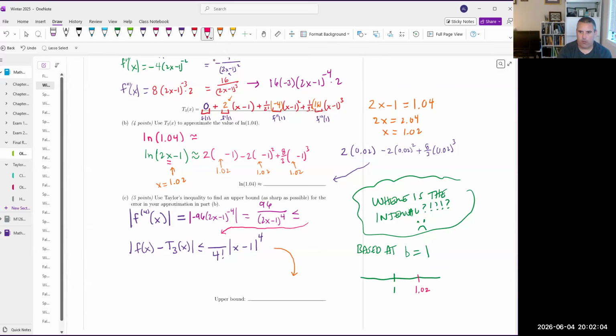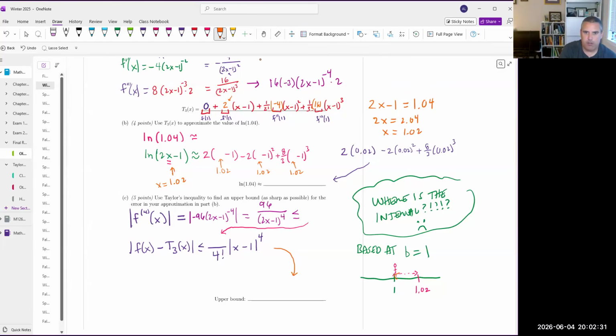So that's how far away we got from our base. That's the interval. We actually accept any interval that contains that. Sometimes I've had students make it symmetric, and I've always given full credit for that. But there's our interval. We want to know how much the graph possibly bent away over that space.